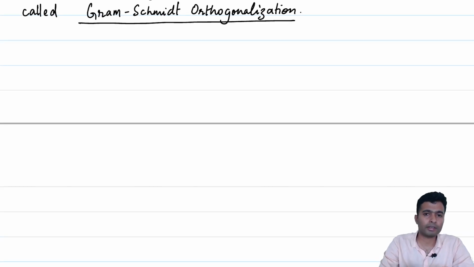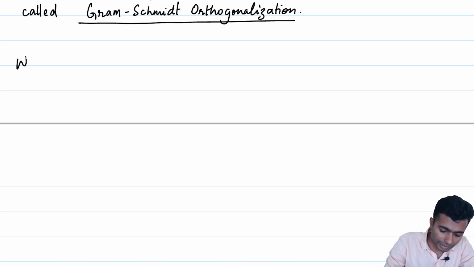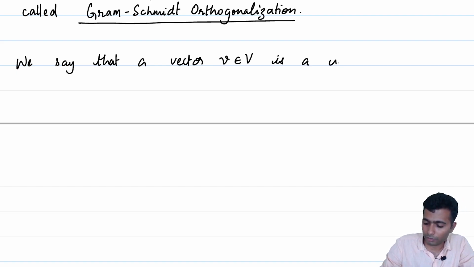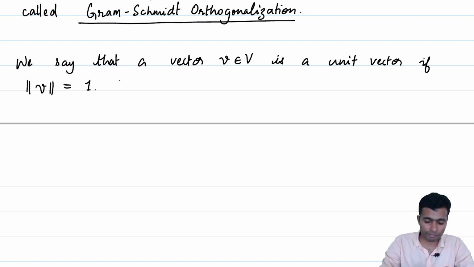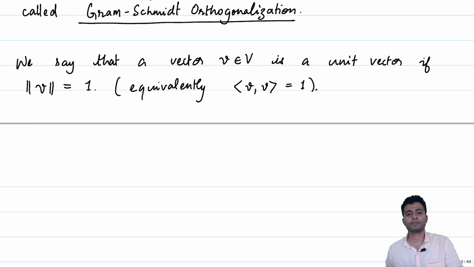We say that a vector V in capital V is a unit vector if the length of V is equal to 1, or equivalently, the inner product of V with itself is equal to 1.